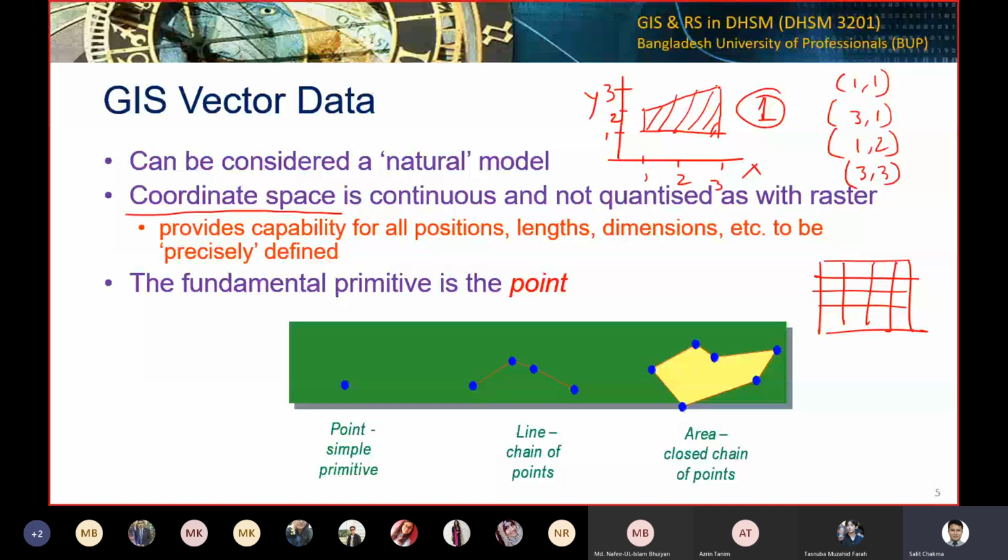So in reality, you went to the field and you collected these points, right? Now let me draw coordinate system number 2. So coordinate number 2 is here: 1, 2, 3, 1, 2, 3. So 1, 1, 2, 1, 3, 1, 3, 3.